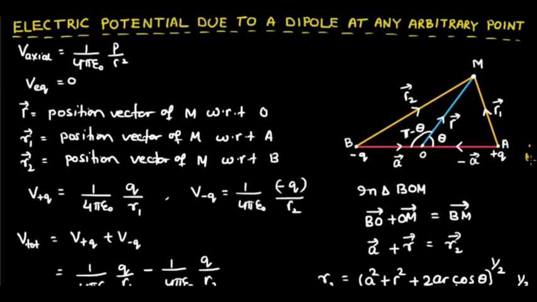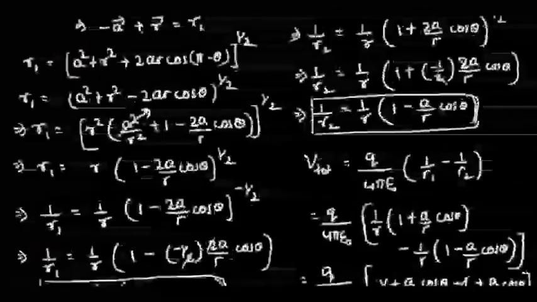If the point M lies here, then the angle will be 0 degree. So we can put cos 0 in the expression and we will get the value of electric potential at the axial point. Similarly, if the point M is an equatorial point, if it lies on the equatorial line somewhere here, then the angle will become 90 degree. So remember that for axial point theta is 0 degree, and for equatorial point theta is 90 degree.